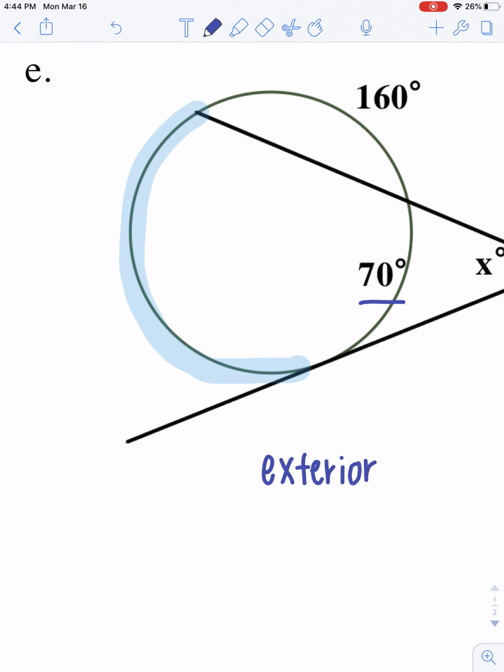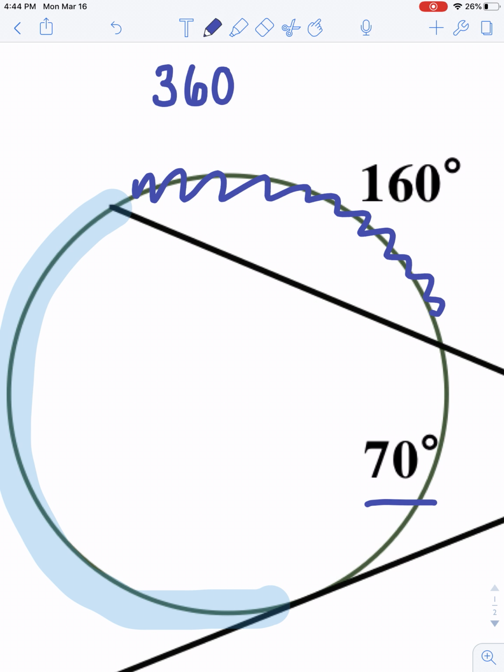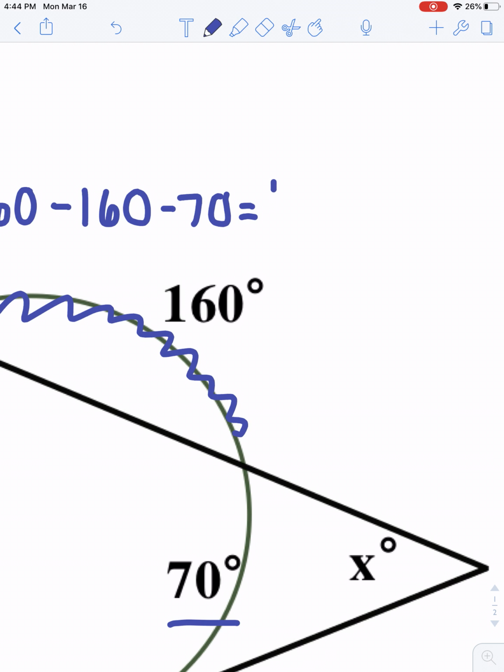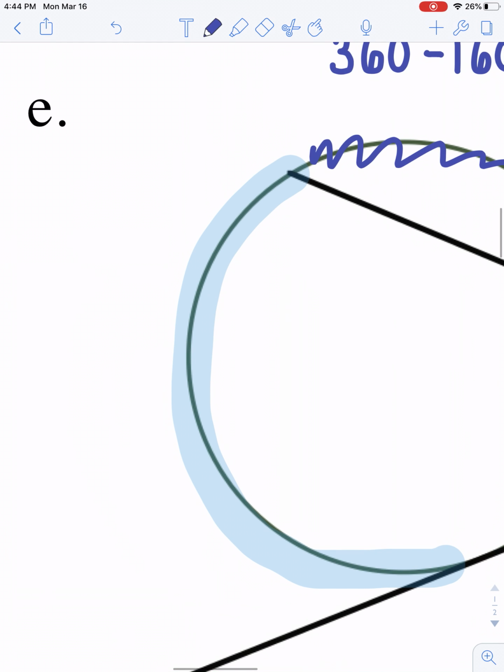So we know that a full circle is 360 degrees, but we have to subtract this given section and even our 70. So when we calculate that, we can see that we have another intercepted arc of 130 degrees. So we'll plop that in.